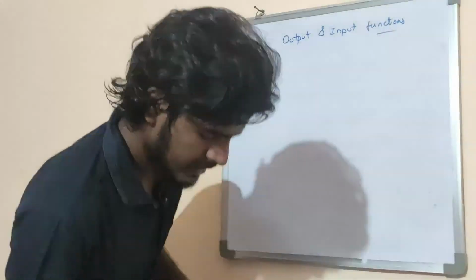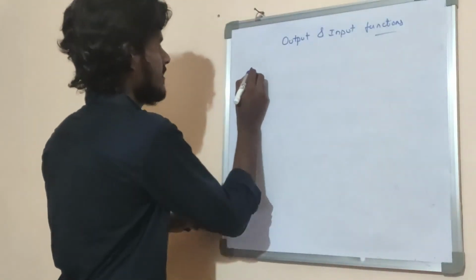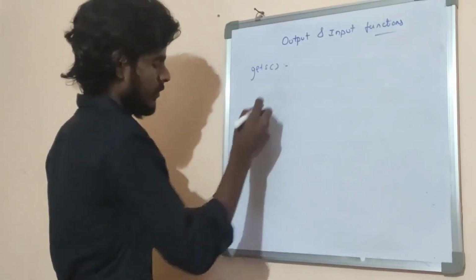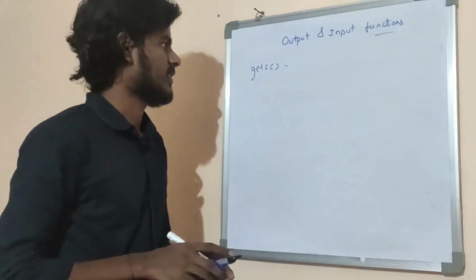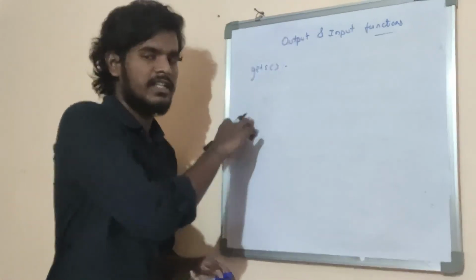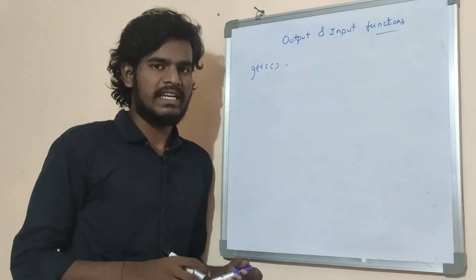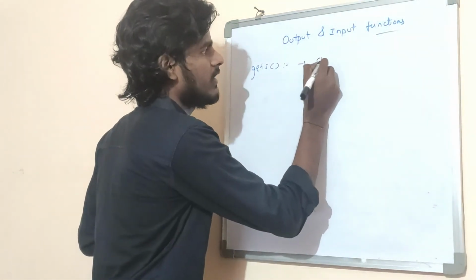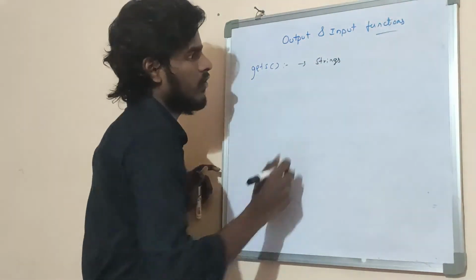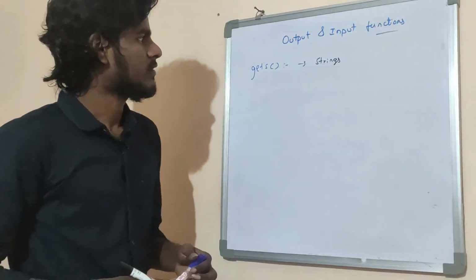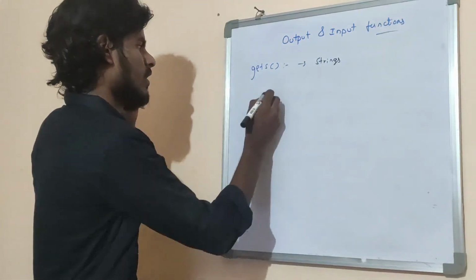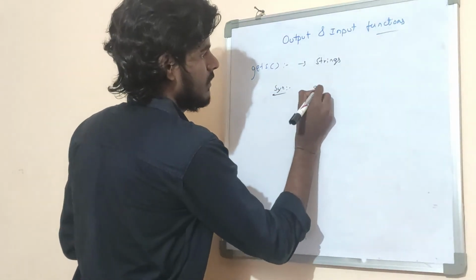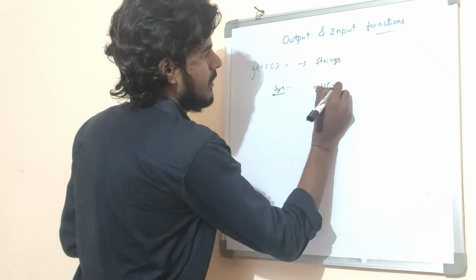Okay friends, next, what are the gets function and the puts function? Listen carefully. gets function. What is the use of the gets function? This function is used to read only strings, not for integers, float and also single character. What is the syntax for the gets function? gets variable name.